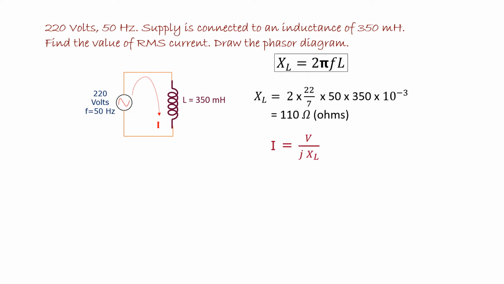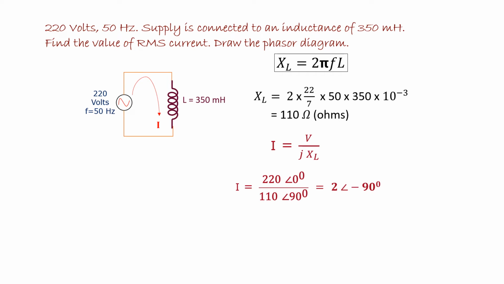Now the current I can be found by V by jXL. For V, we will put it as 220 with angle 0, and jXL will be written in the polar form as 110 with angle 90.